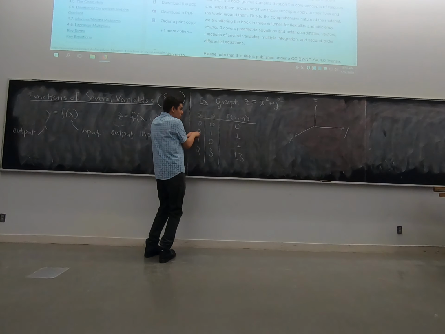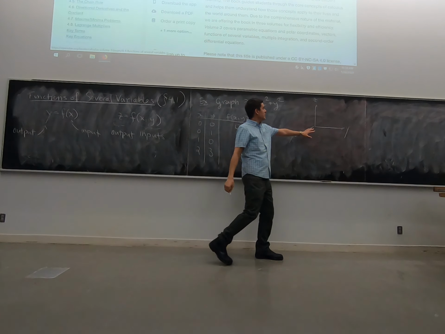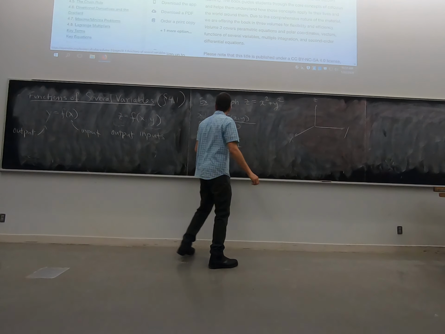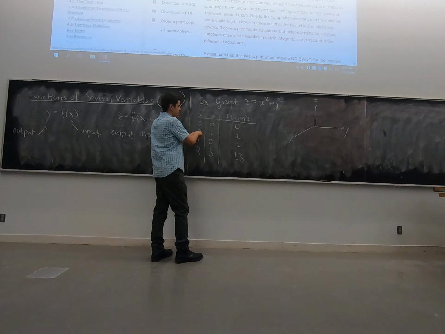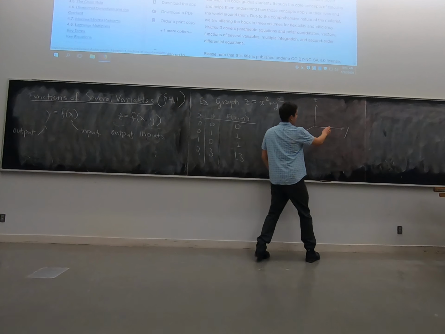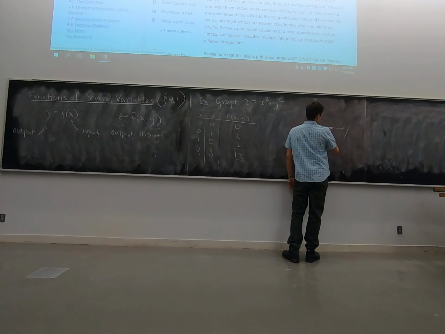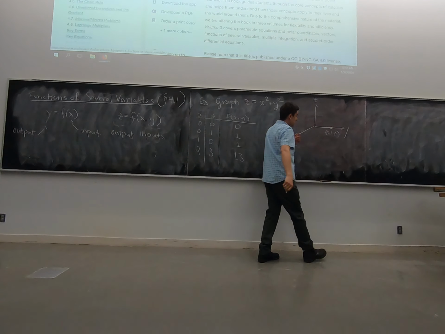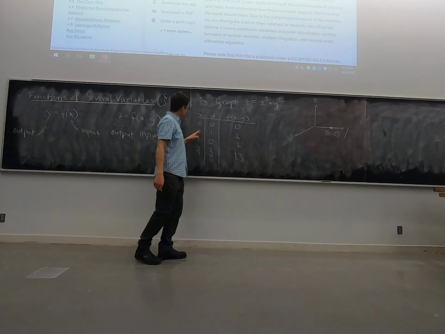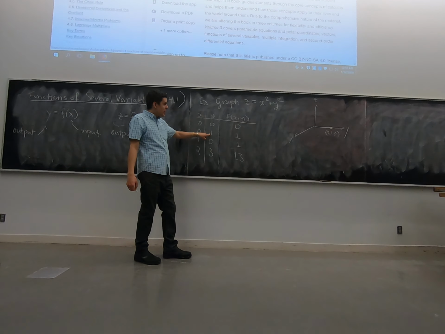Okay, so we draw this. So now to plot these points, we can plot them on the Cartesian grid. So we go x is 0, y is 1. Right, so this is the point 0, 1, 0. Right, so x is 0, y is 1.